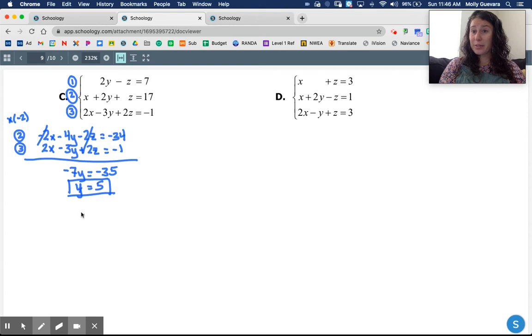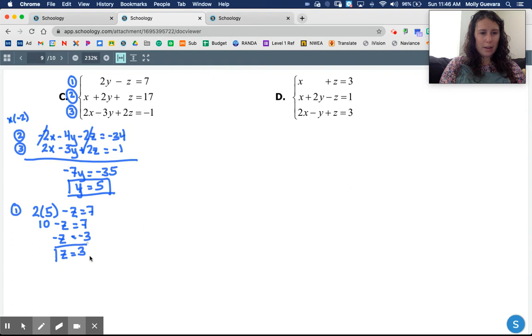I just found that y was 5. So if I know y is 5, I can find z by using equation 1. It makes this problem nice and quick, right? So 2 times 5 minus z equals 7, so 10 minus z equals 7. So negative z equals -3, so z is 3.